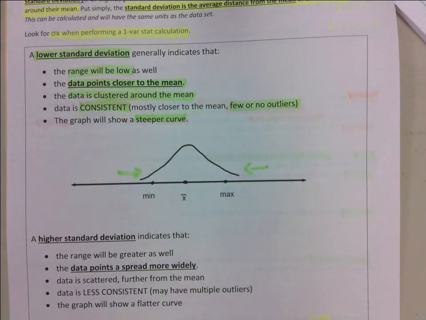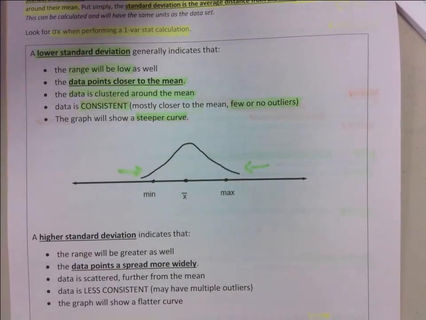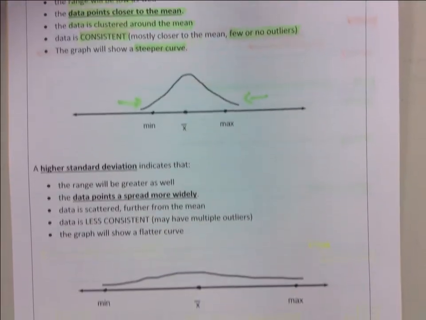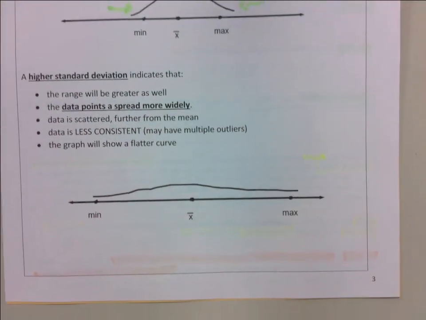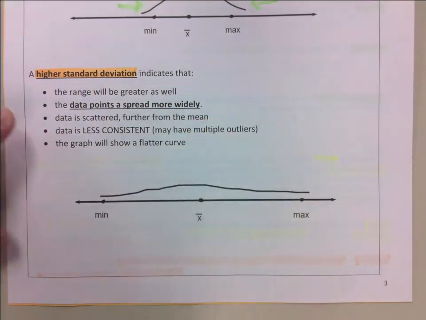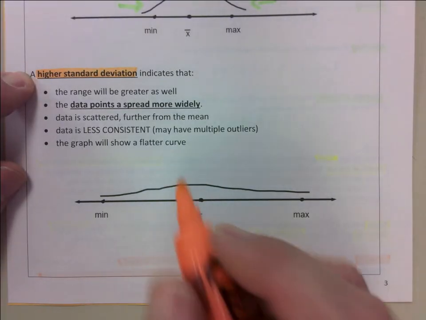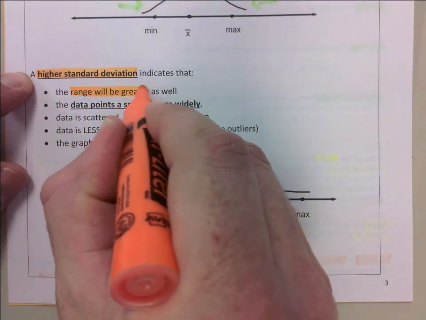On the other hand, if you have a higher standard deviation, let's go to this one right here, and I'm going to use orange for that. If you compare two different data sets, like basketball players, and look at their standard deviations, with a higher standard deviation the range will be greater as well.